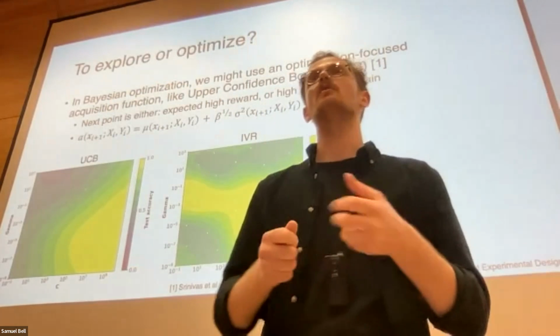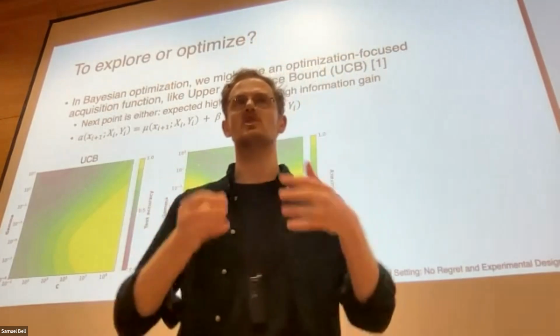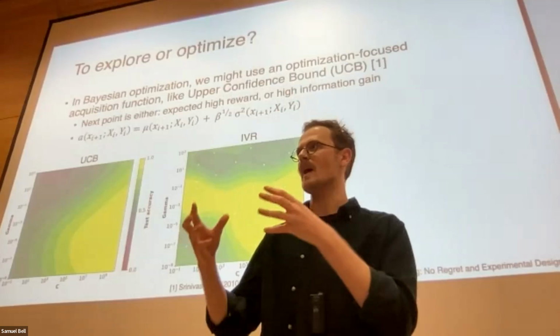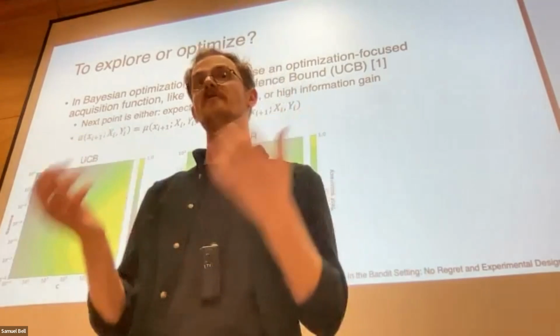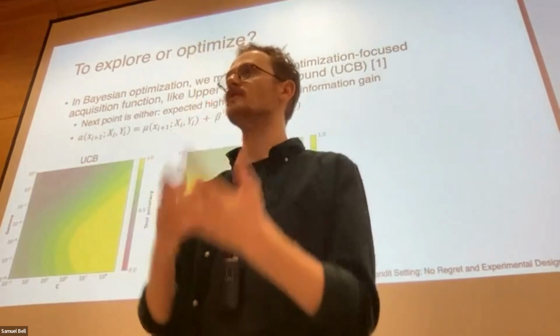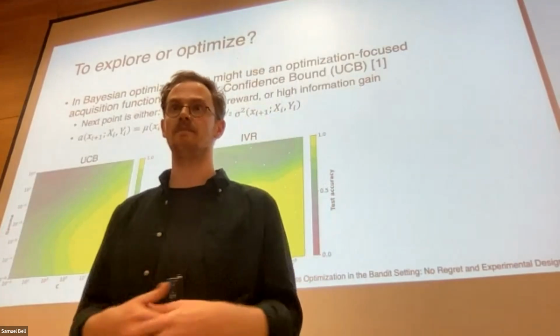But it becomes even more interesting when you think about secondary objectives. It's very rare that we would be deploying a machine learning system in a case where all we care about is test accuracy. A really simple example of this is fairness. Maybe we want to ensure parity or equal performance across different subgroups within the data set.